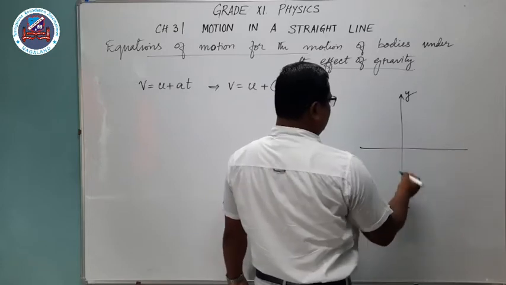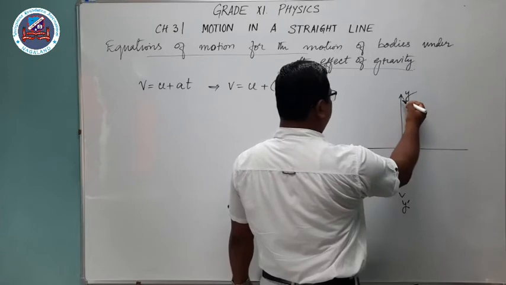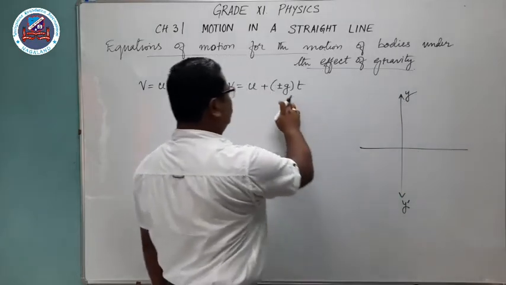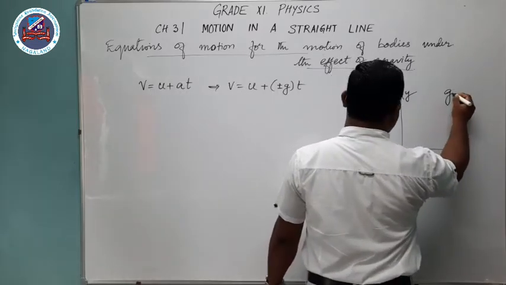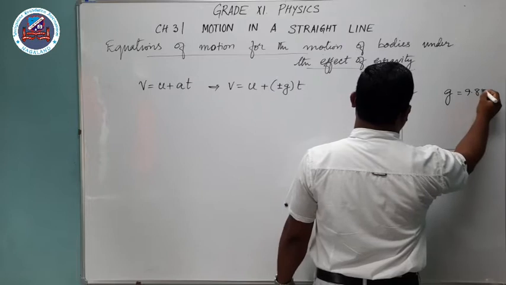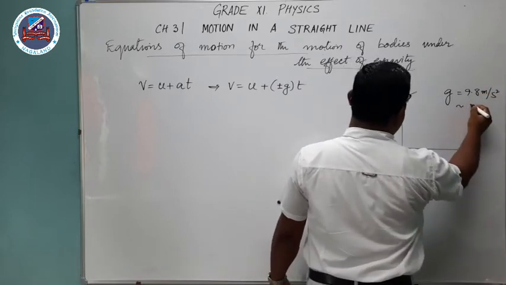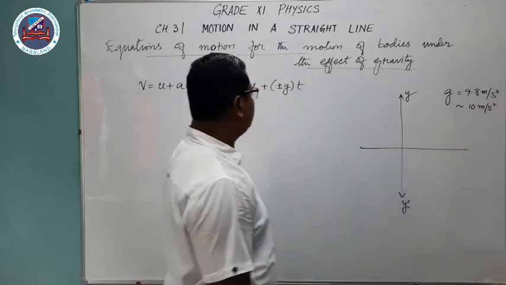If you go up, we take positive, and if you come down, we take negative, the value of g. The value of g is approximately constant, 9.8 meter per second square, or sometimes nearly 10 meter per second square.